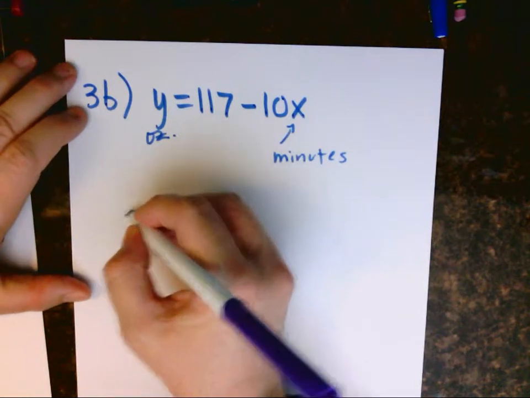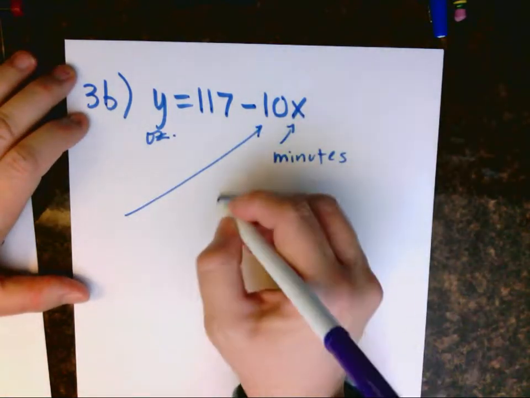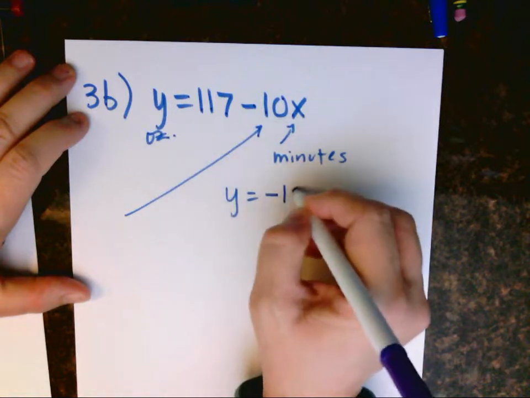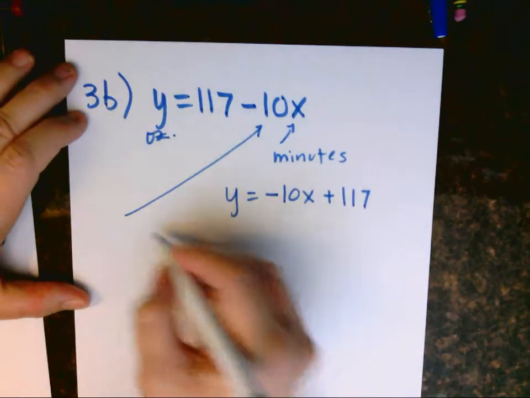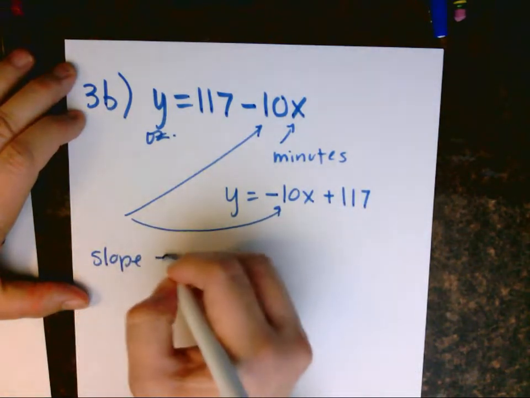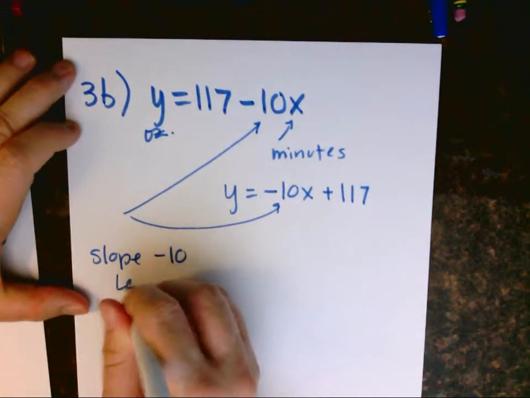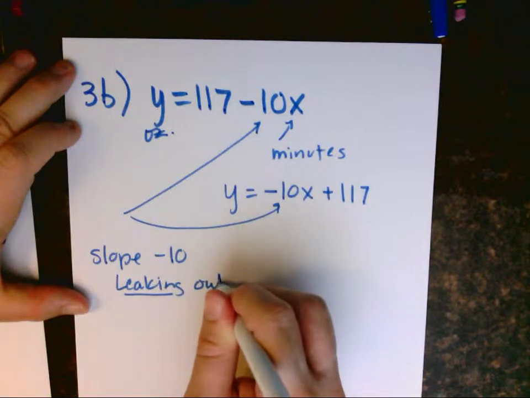So we'll begin with the slope, and we could rewrite this if you wanted to as y equals negative 10x plus 117. That would be fine. The slope is negative 10. This means it's leaking out, right?